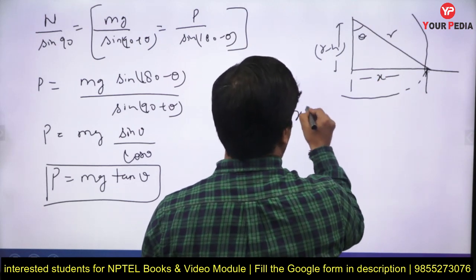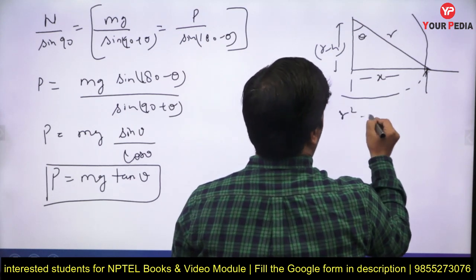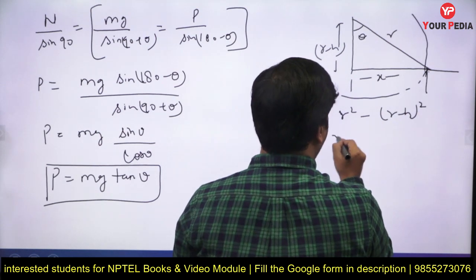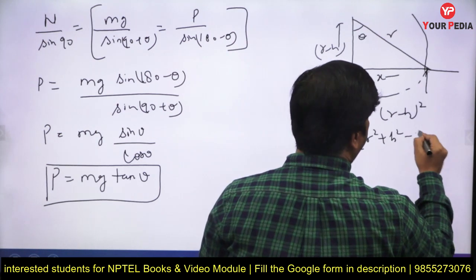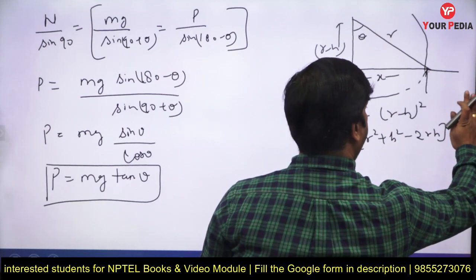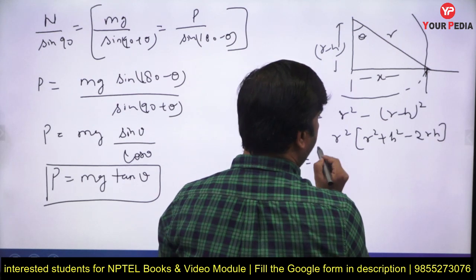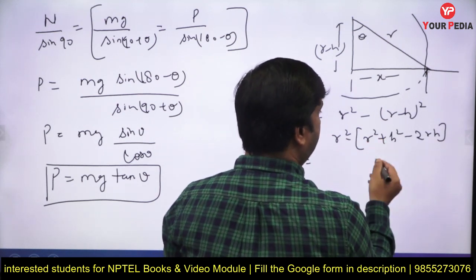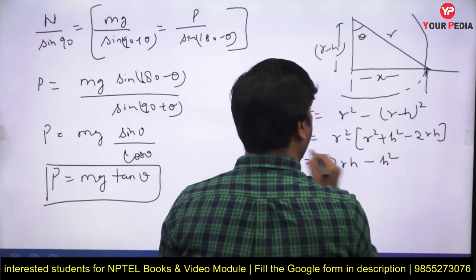So x square equals the hypotenuse square, r square minus (r minus h) whole square. We can calculate: r square minus (r square plus h square minus 2rh). Now x square equals, the r square cancels each other, so that is 2rh minus h square.